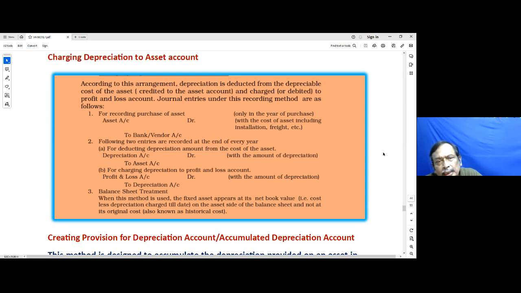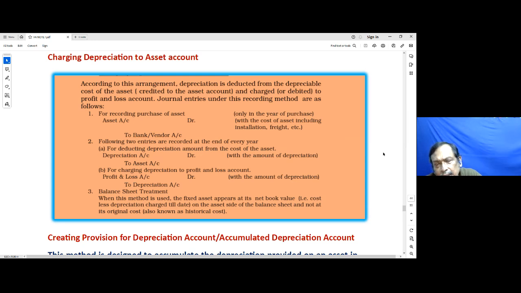So the journal entries under this recording method are, in the year of purchase, including the cost of the asset and installation, freight, etc. For recording the purchase of the asset, we pass the entry: asset account debit, to bank or vendor, that is the supplier account.